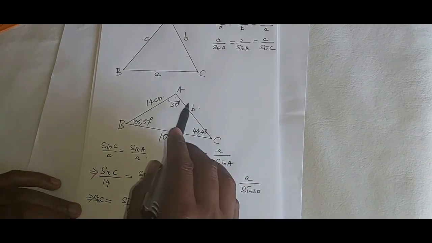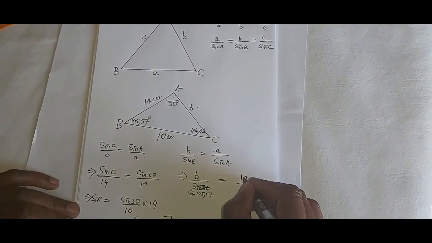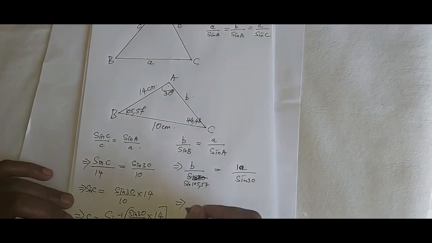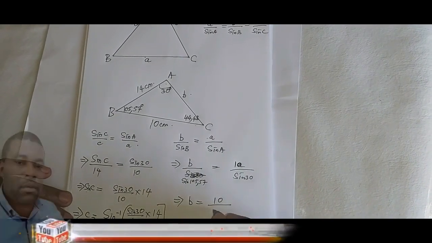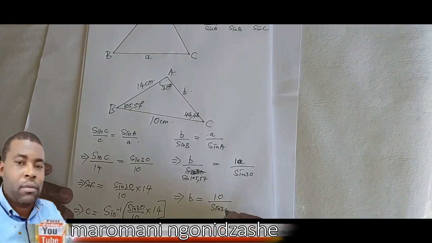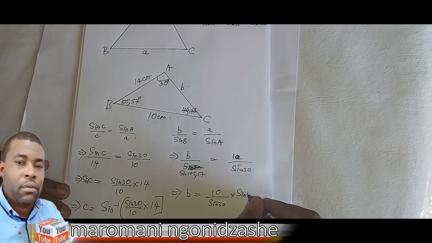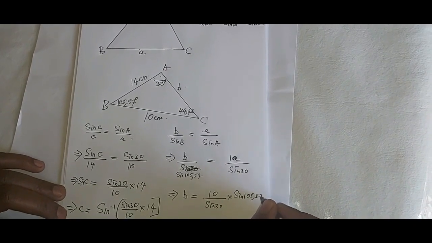And what's our a in this case? Our a is 10 centimeters, so it is 10 over sine 30, which implies that b is equal to 10 over sine of 30 multiplied by sine of 105.57.